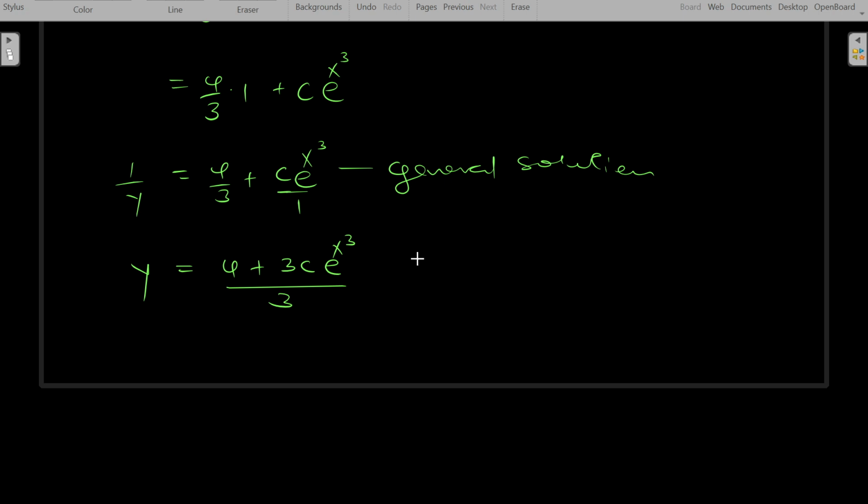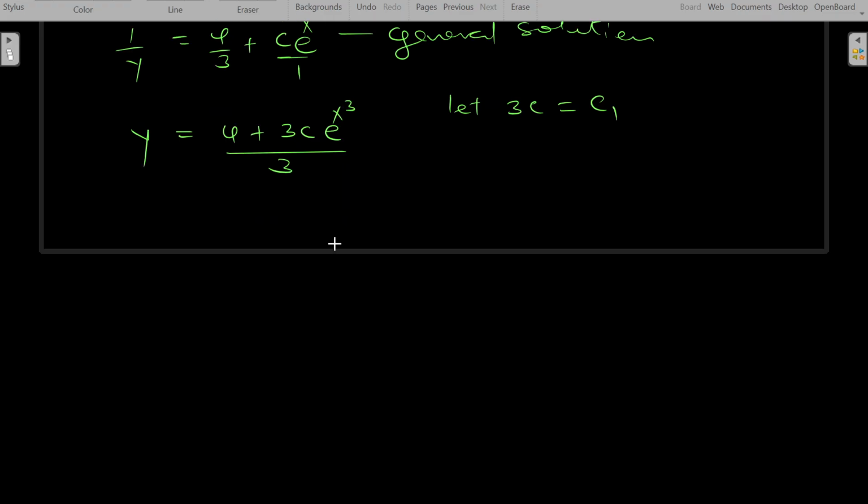If I let 3c equal c1, then this is 4 plus c1 e raised to the x cubed, divided by 3.